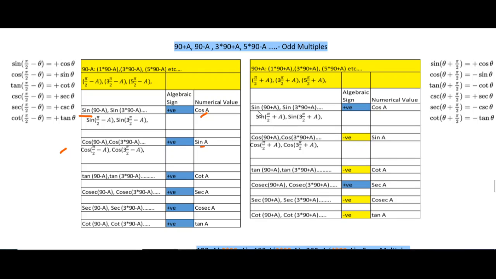Likewise, even if it's plus, since it's an odd multiple of 90, sine will move into cosine, cosine will have a cofunction of sine, and the algebraic sign will depend upon these angles. Whichever quadrant these angles fall in, the algebraic sign will be borrowed from that, and you can just add that this way. If you remember, it's a simple way.